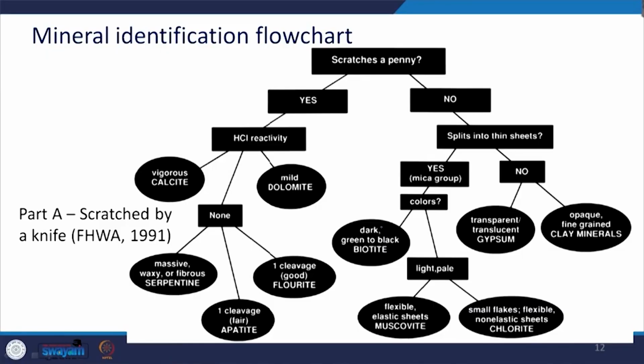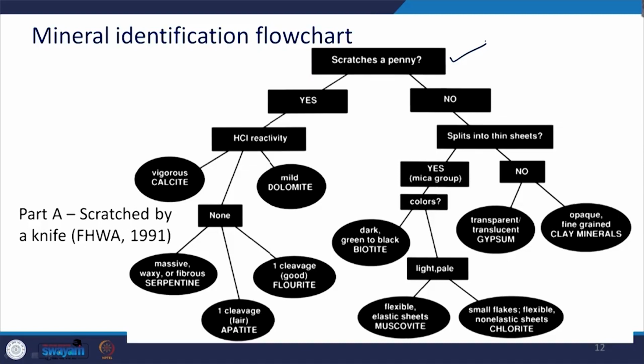Now, here as a whole, the mineral identification flow chart has been shown. So, this flow chart has 2 parts. Part A deals with the minerals which are scratched by a knife, and part B deals with the rest of the minerals. Okay. So, you see from the start, first the question is whether it scratches a penny or not.